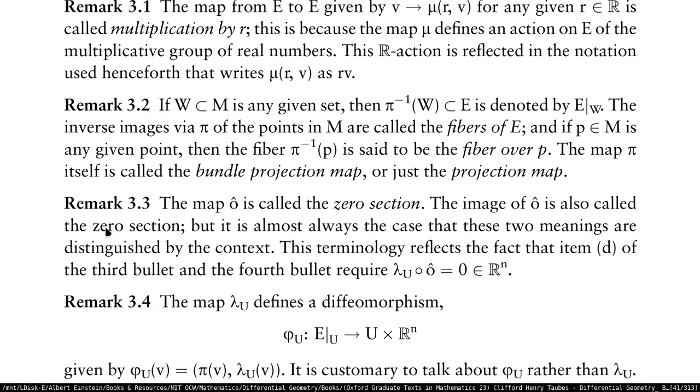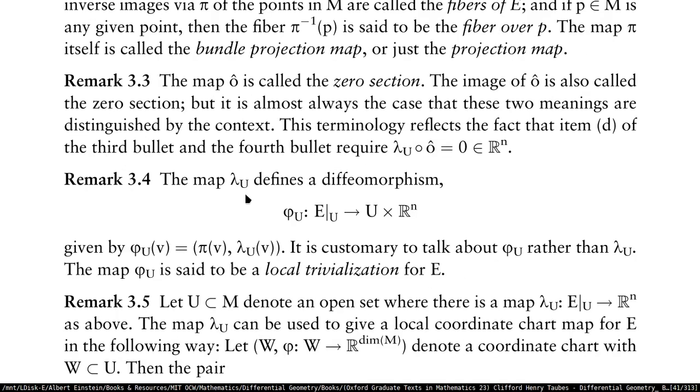And another remark is the O hat that we saw that I said is the section, they call it here the zero section for some reason, but yeah, it is indeed a section. And this is how local trivialization, local triviality that we saw works with vector bundles.